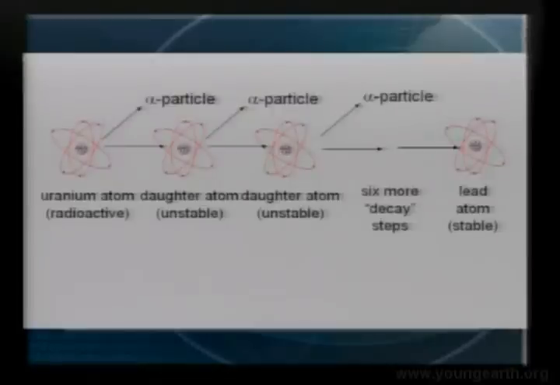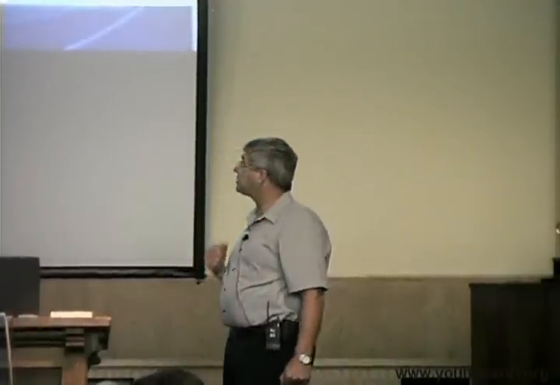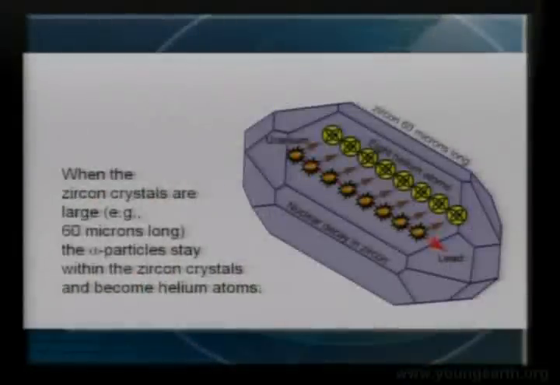So when uranium decays to lead, it goes through a whole series of these alpha decays, 8 in fact, and a number of beta decays in between. So it goes from uranium-238 down to lead-206. It's lost 32 of the original particles in the nucleus until it becomes stable as lead. So there are a total of 8 decay steps where alpha particles are ejected from a uranium atom before it's transformed into a stable lead atom.